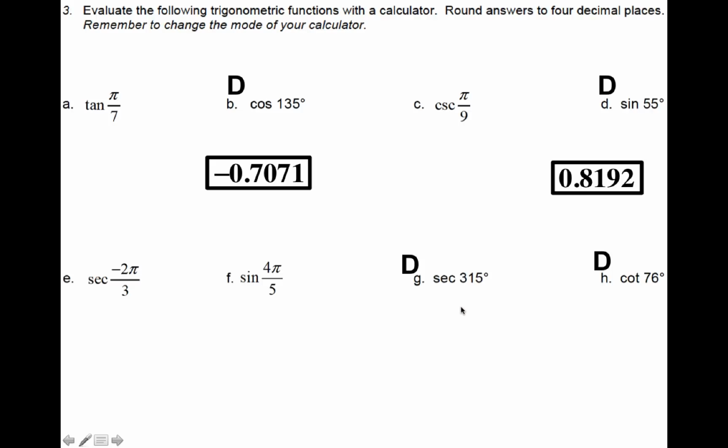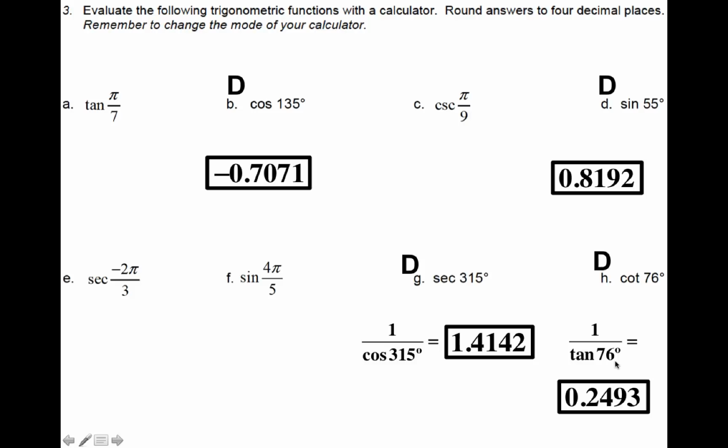Jumping down to G, there's no secant button, but we can type it in as 1 over the cosine of 315 degrees and get 1.4142. There's no cotangent button, so we're doing 1 over the tangent of 76, which is 0.2493.